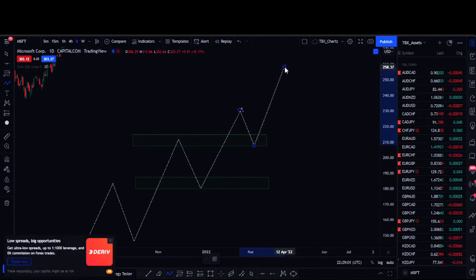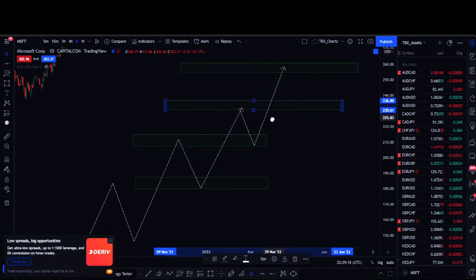If there was another resistance right about here, which you've checked for recency and frequency, the best place to take your profits is here, because price will most definitely, in an uptrend, break this high.